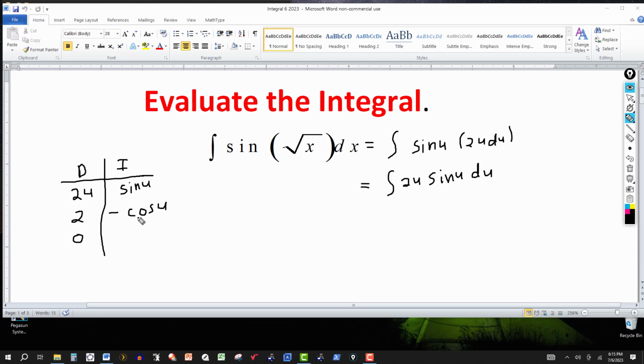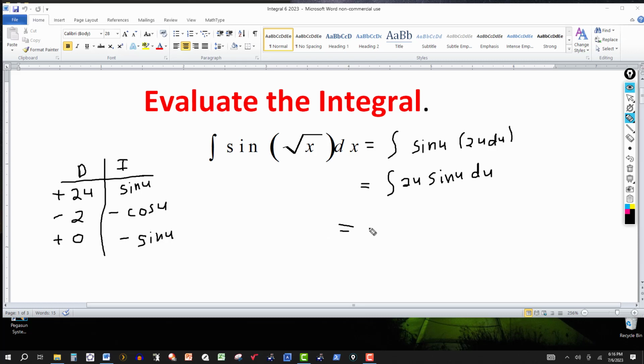Then I integrate one more time here. The integral of cosine with respect to u is sine, but I've got the negative out in front here, so this is going to stay negative. And then we put a plus here, minus here, alternate the signs, and then we just add up the rest of the problem here. So remember, we multiply down the diagonals, so it's 2u times the minus cosine.